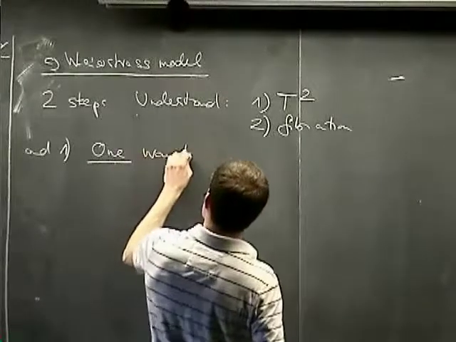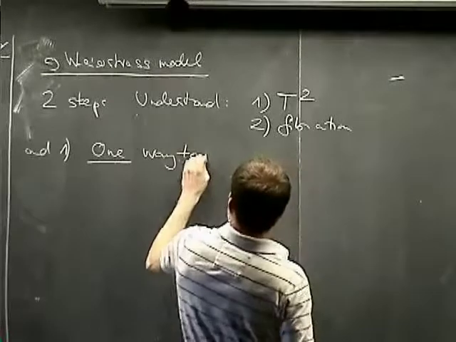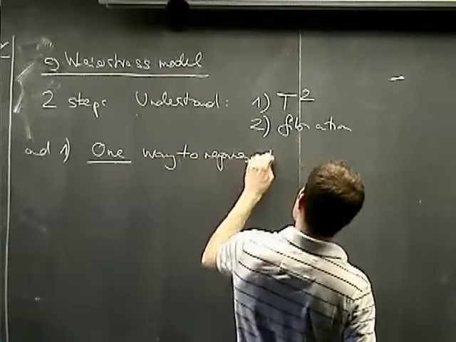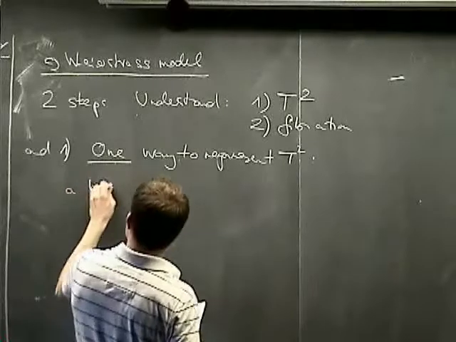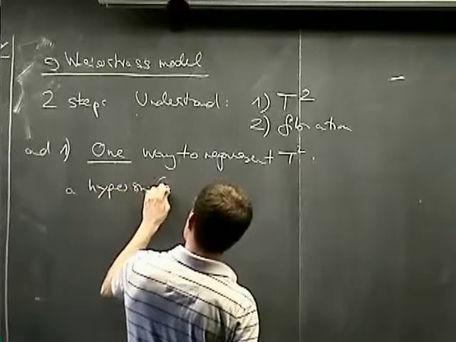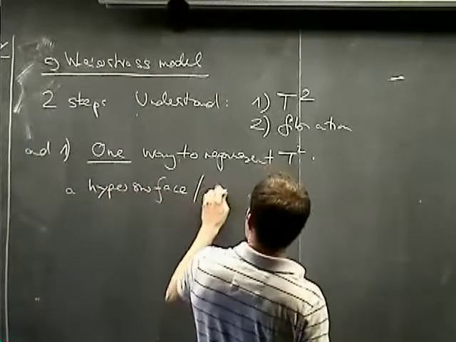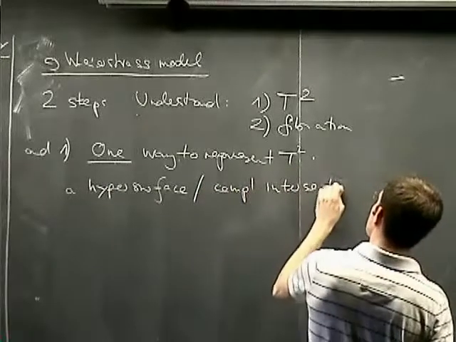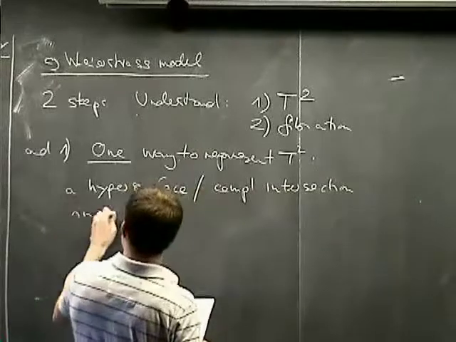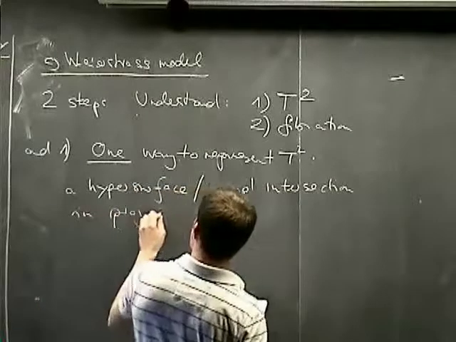So one way to represent a T2 is as a hypersurface or as a complete intersection in some weighted projective space.